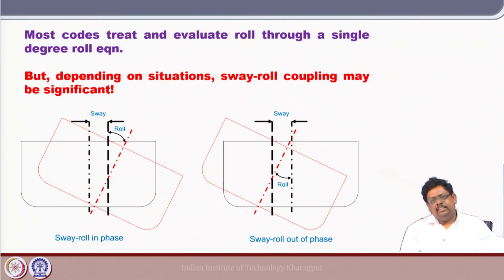Now, see, if you consider that this is your rolling, it can roll this way, or it could roll the opposite way, this way and this way.